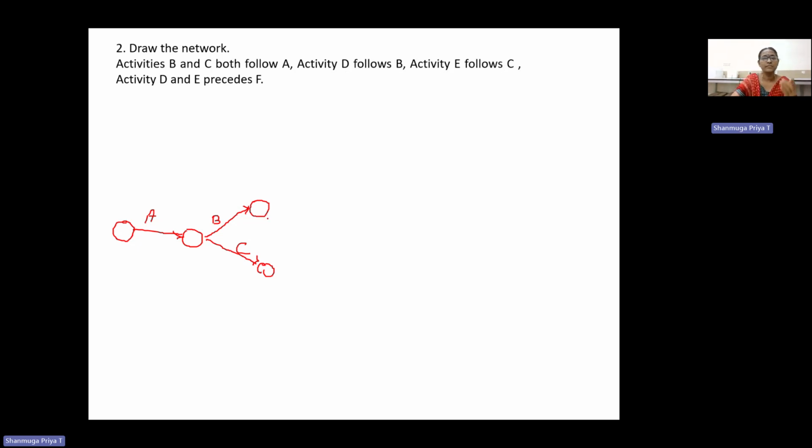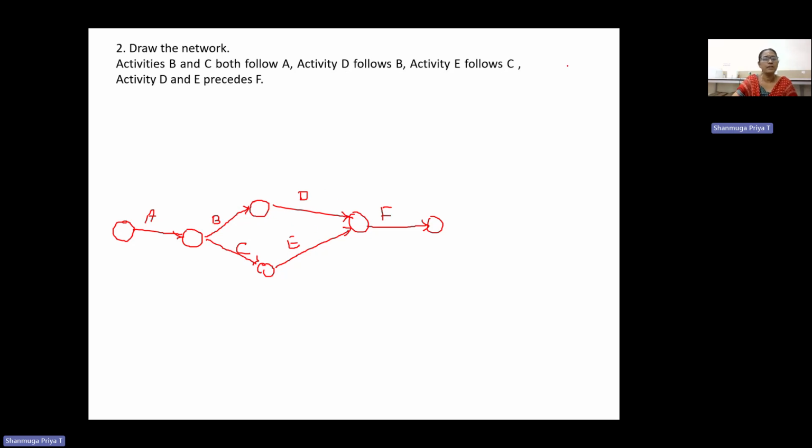A is a starting activity, B and C follow A. D follows B, so after B, D is the next activity. After C, E follows C. So this is the E activity. D and E are followed by the F activity. So this is the final network.